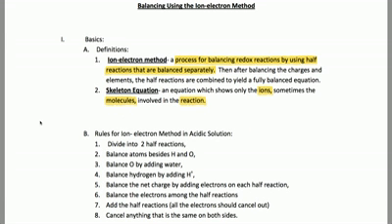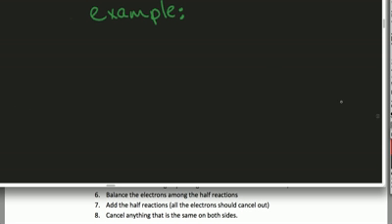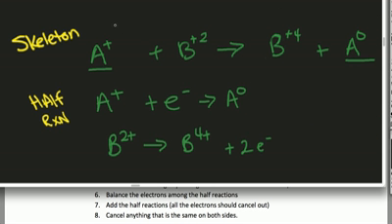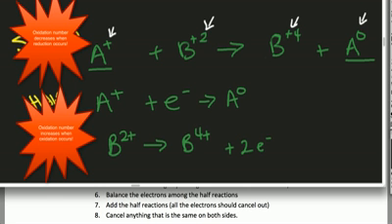So as a result, I guess I could write this stuff down for you. So if you remember, basic example, doesn't matter what A and B are, the key is looking at their charges, their oxidation numbers. In this case, because they're ions, their charges and oxidation numbers are one and the same.